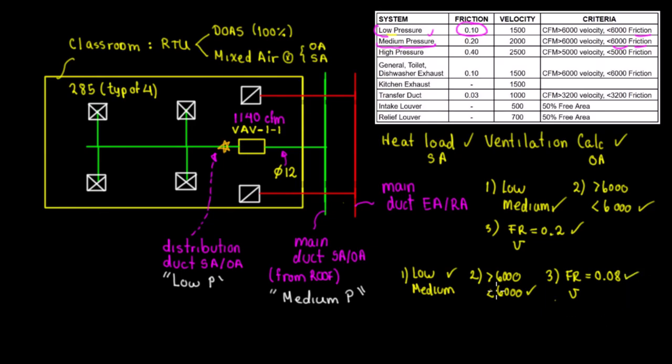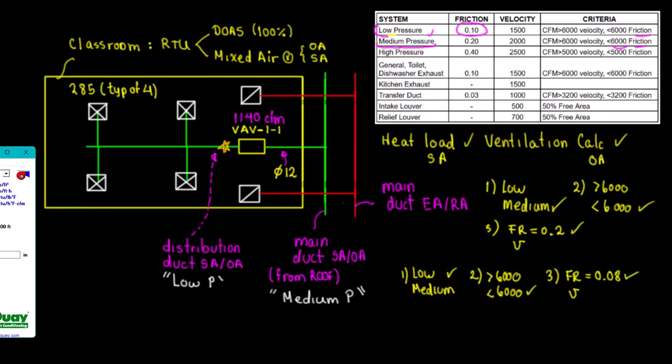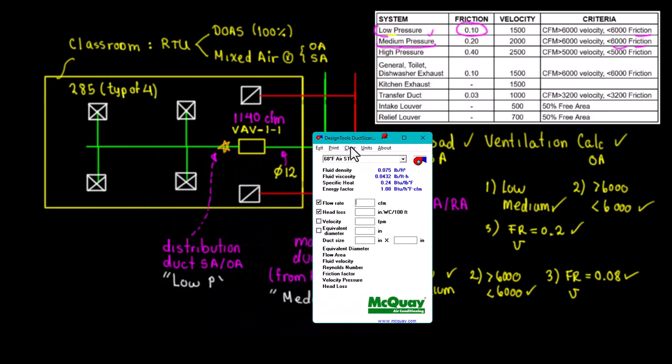Let's size the duct now. I'm going to get my online ductulator and clear it. What's the size? 1140, and we size it based on friction. The friction rate is 0.08, and then we put in a size that could be good for my height. Imagine the ductwork height I want is maybe 10.